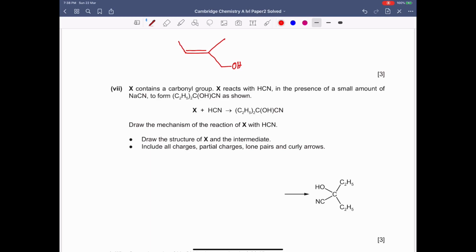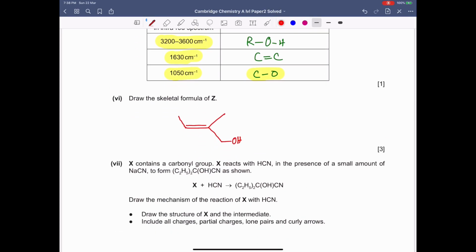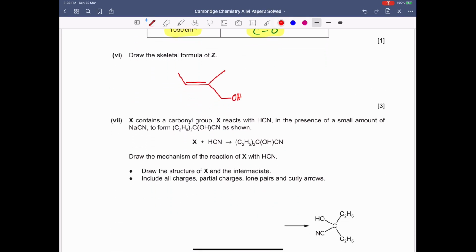X contains a carbonyl group. X reacts with HCN in the presence of a small amount of NaCN to form (C2H5)2C(OH)CN.